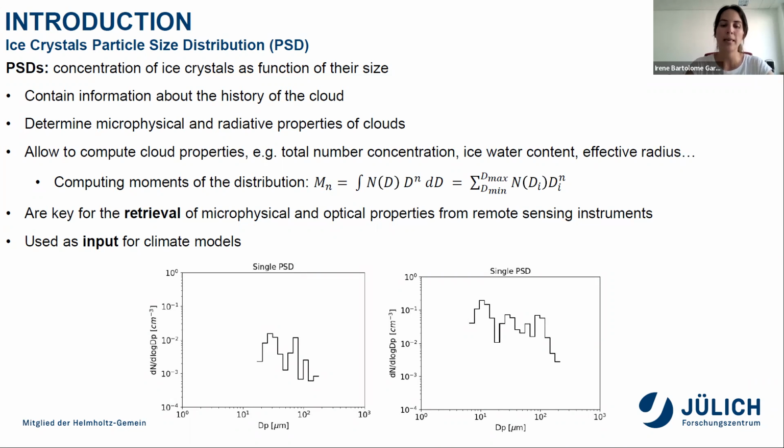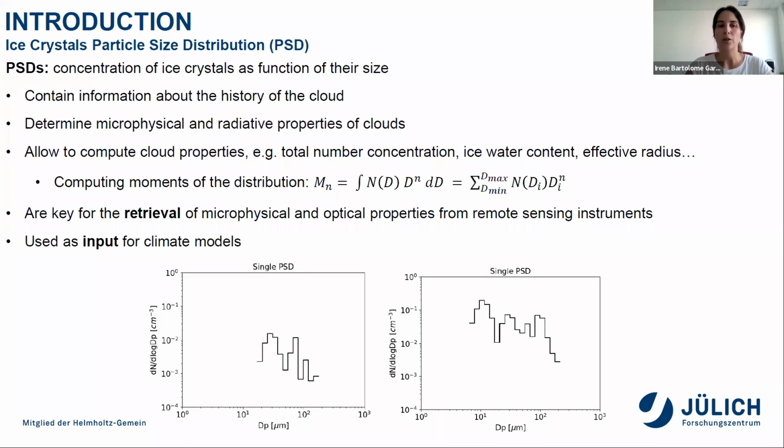PSDs from a recently formed cirrus will look different from the PSDs of an already aged cloud. There would also be differences depending on whether homogeneous nucleation is taking place or only heterogeneous nucleation, and also depending on the temperature. So as I said, PSDs contain a lot of information.